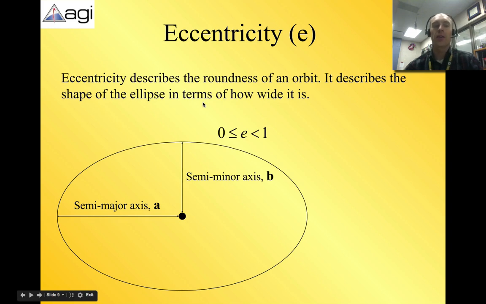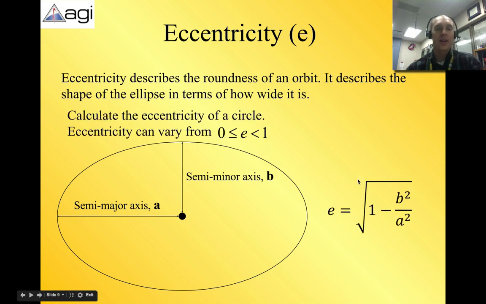First thing that we're going to look at, though, is eccentricity, and that describes the roundness of an orbit. So it describes the shape of an ellipse in terms of how wide it is, and you're going to have an eccentricity between 0 and 1. So you can calculate the eccentricity by taking the square root of 1 minus b squared, or semi-minor axis, divided by semi-major axis squared.